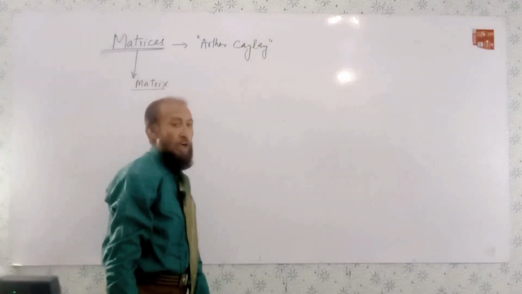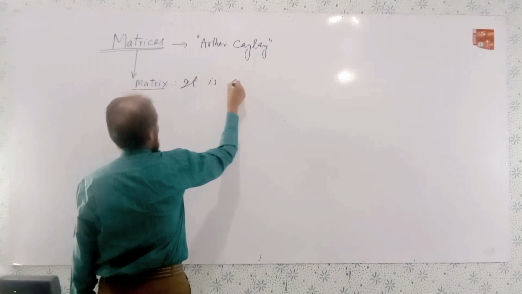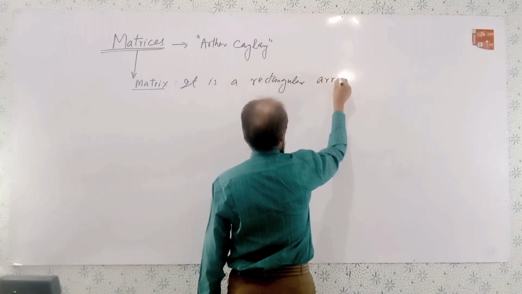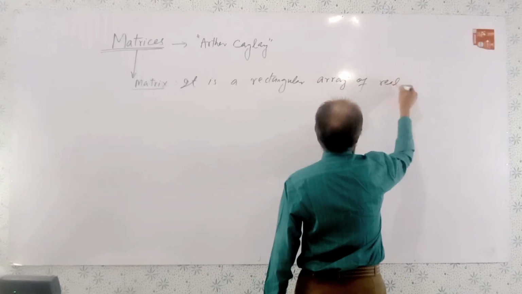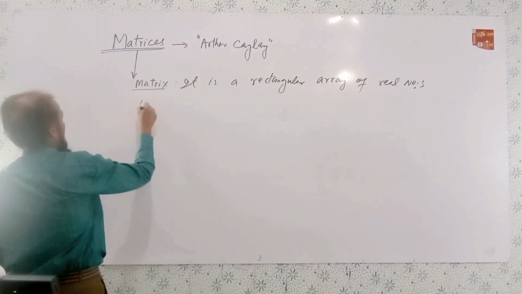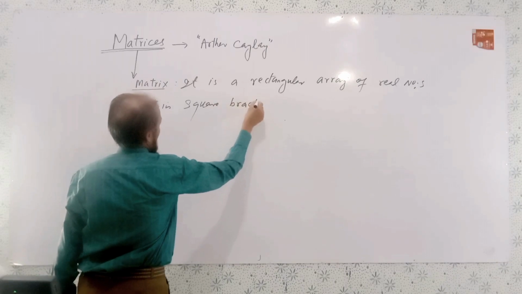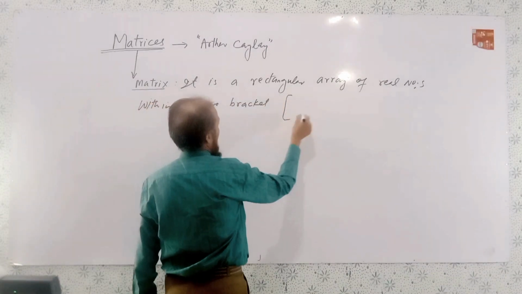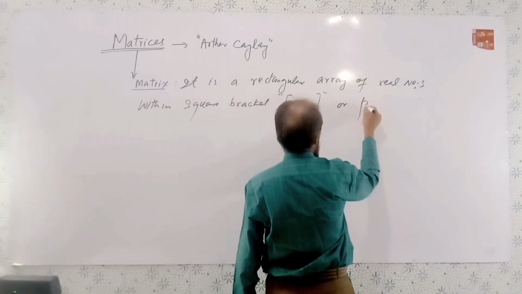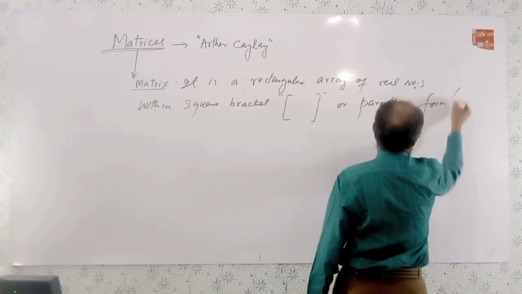Now, Arthur Cayley defined matrices in the form of a rectangular array of real numbers within square brackets, just like we represent in this one, or in parenthesis form, just like we write in this form.